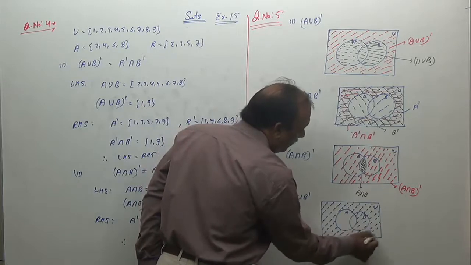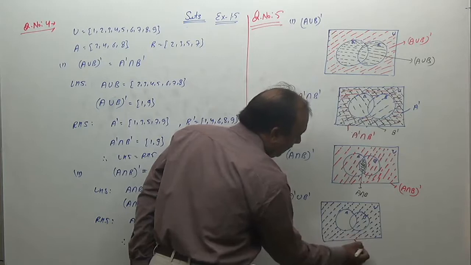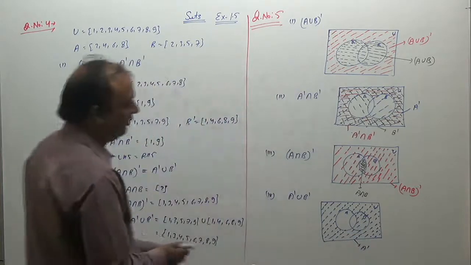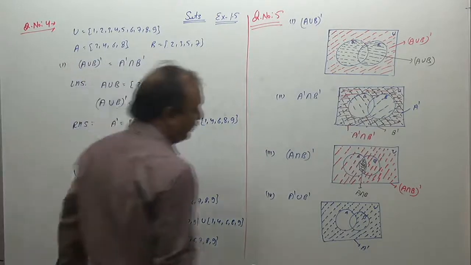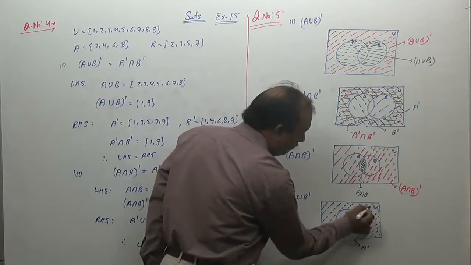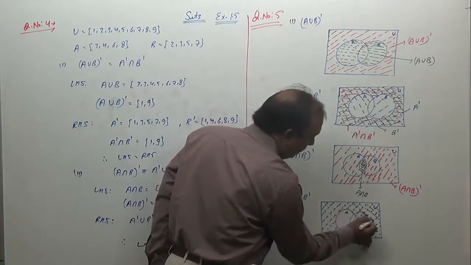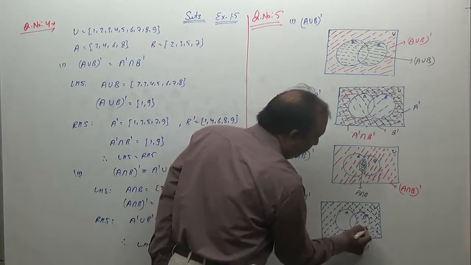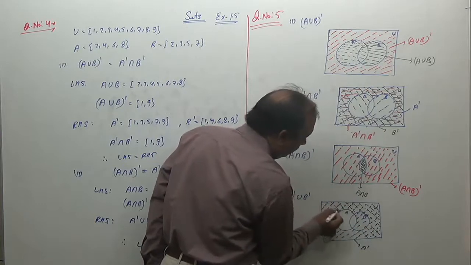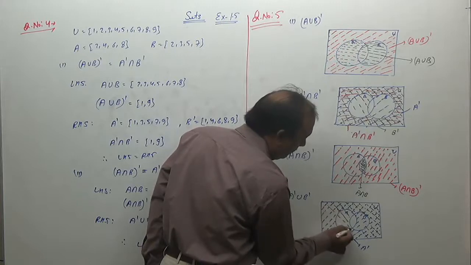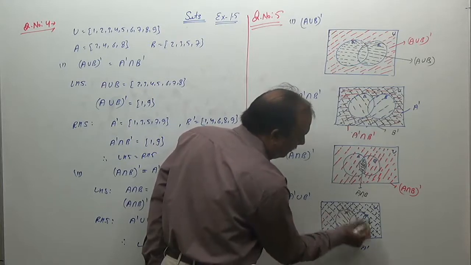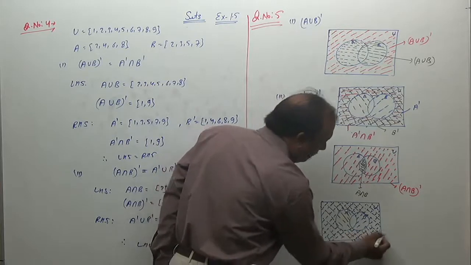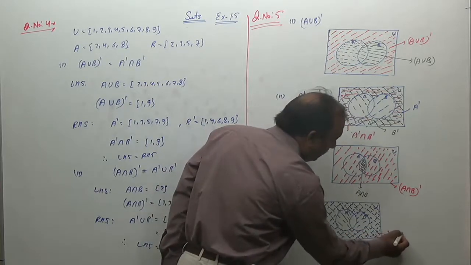So this blue shaded region is A complement. Now what is B complement? B को छोड़कर यूनिवर्सल सेट का जो पोर्शन होगा, this represents the B complement. So except of set B, this black portion is called B complement.